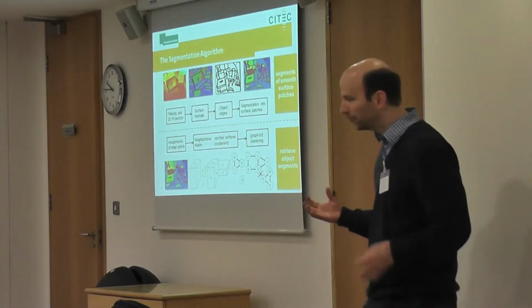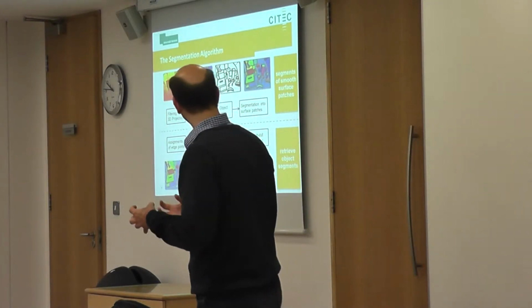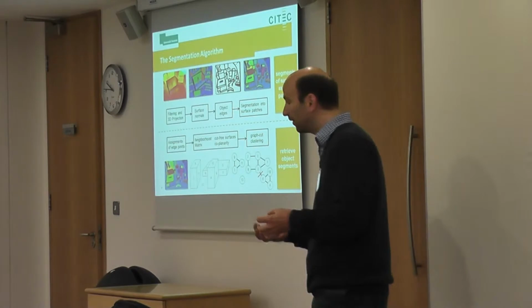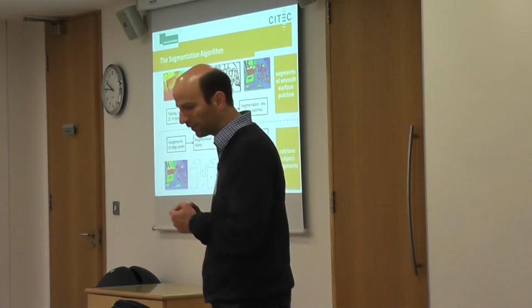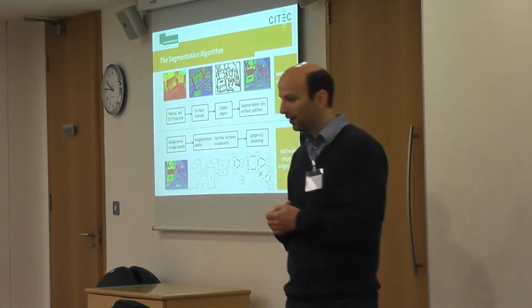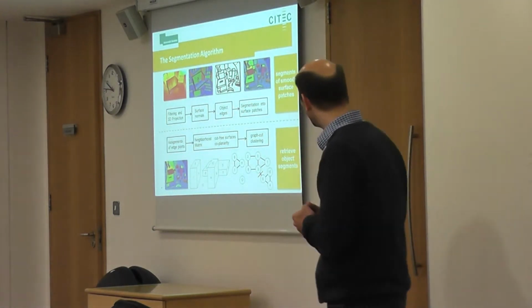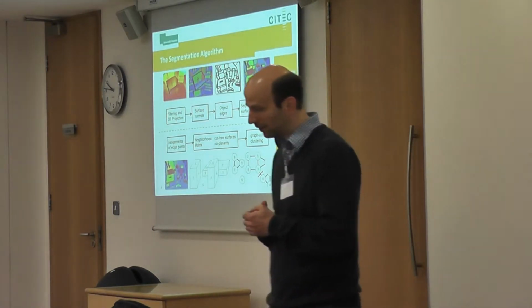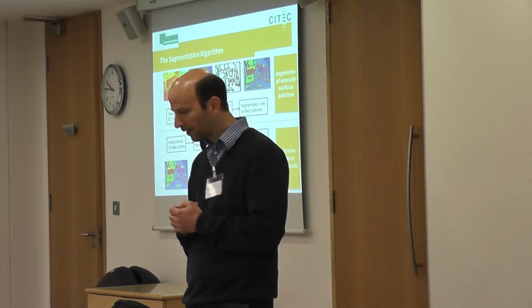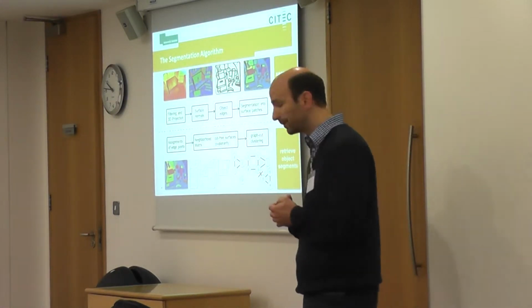Finally, we need to group these surface patches into potential object hypotheses. We are combining this over-segmented scene into these object hypotheses, and to this end, we compute a connectivity graph, as you see on the right bottom, of potential connections between these surface patches.